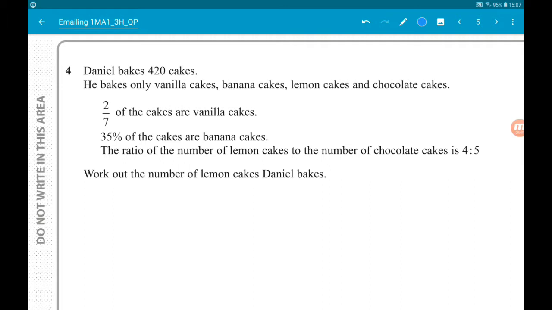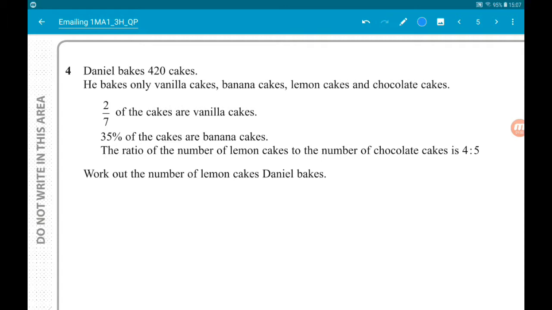So, first of all, let's work out how many vanilla cakes he makes, how many banana cakes he makes. That's then going to allow us to work out how many lemon cakes and chocolate cakes he makes, which we can then faff around with the ratio.